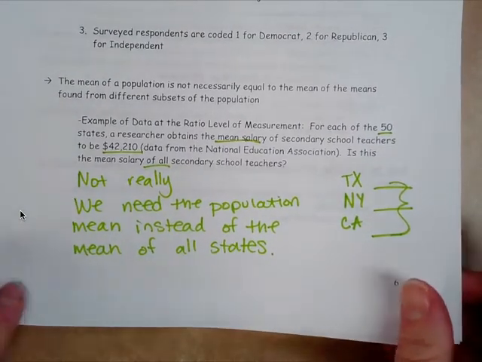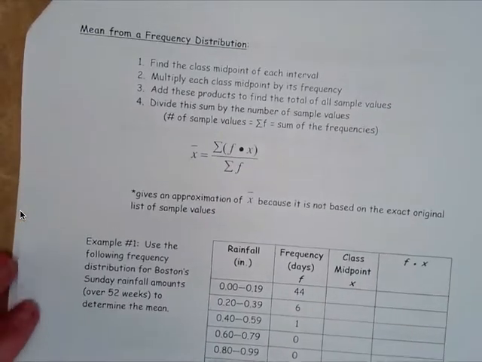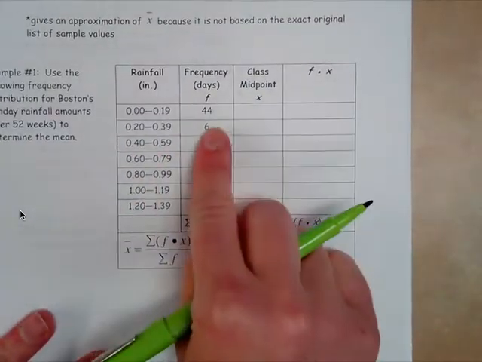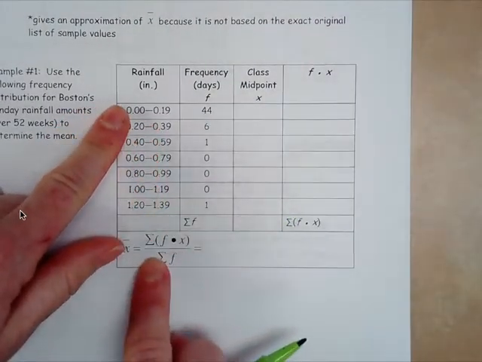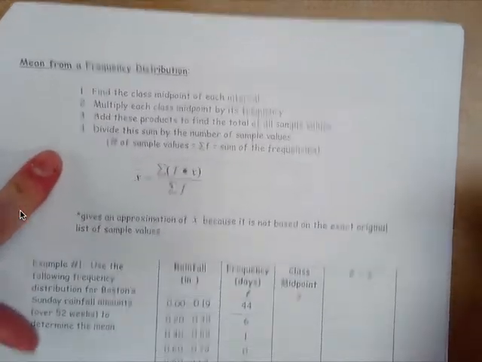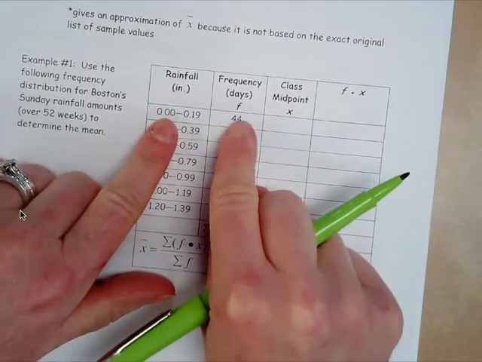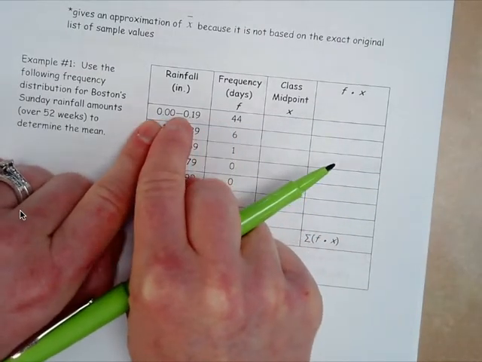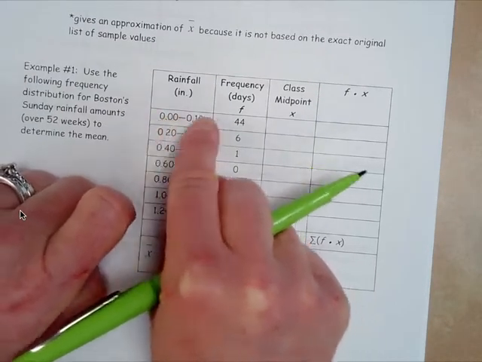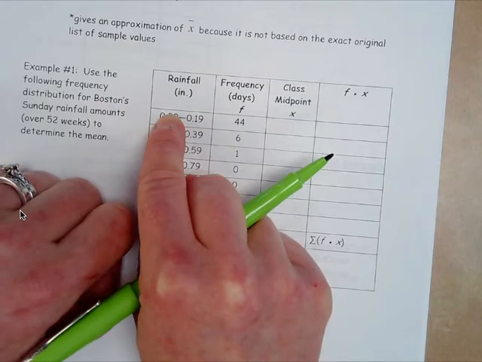Okay, the last concept we are going to do on 3.1 is using a frequency distribution to find the mean. So remember, a frequency distribution looked like this. We had classes, we had frequencies. What we do to find the mean of a frequency distribution is pretend that all of these 44 are right in the middle, at the class midpoints, even though they're spread out among that whole class.